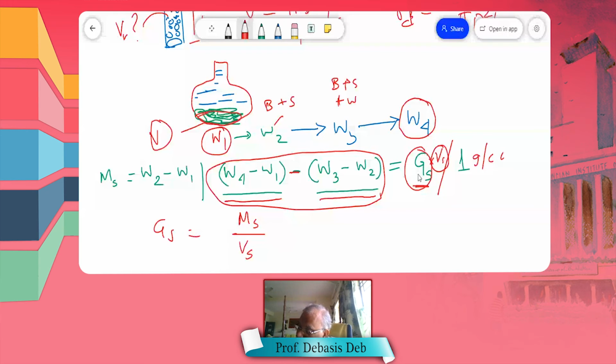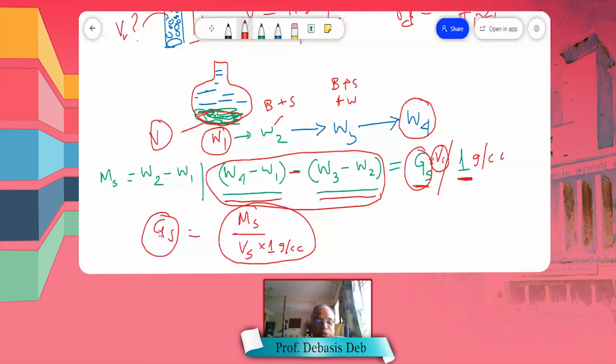So if this should be multiplied by, if you are mentioning it in gram, this is basically that 1 gram per cc. Okay. So that is how it is coming to the specific gravity. So this is giving me the specific gravity of that solid.